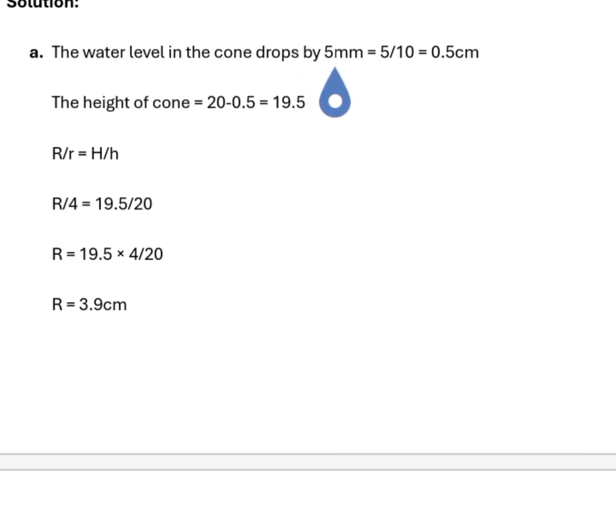The water level in the cone drops by 5 millimeter. Actually, 1 centimeter is equal to 10 millimeter. So 5 millimeter means we divide 5 by 10, which is equal to 0.5 centimeter.